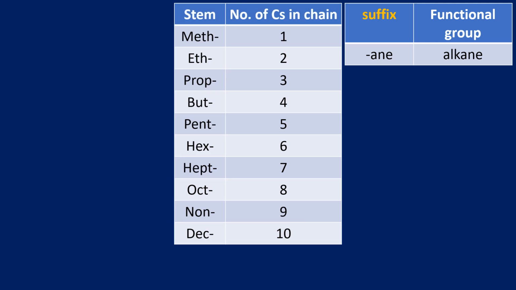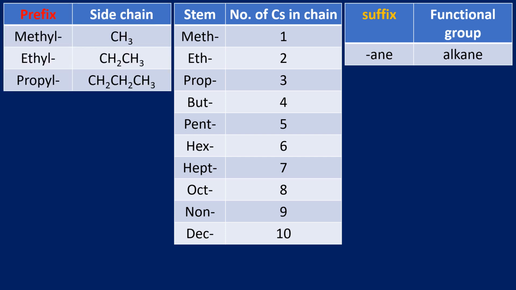And in terms of stem, we don't need to go past 10. And those are the different names for the different number of carbons in the chain. So for example, pent we've just seen is 5. If it was 8, we'd have oct. It'd be octane.